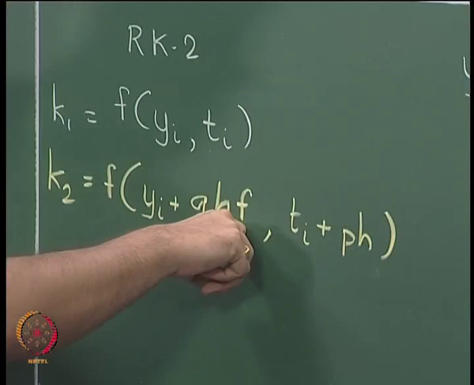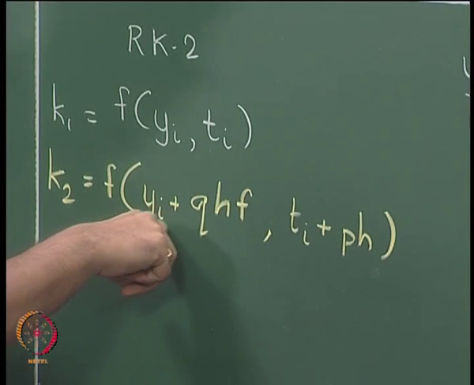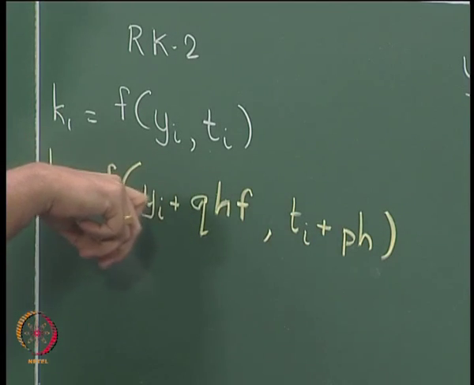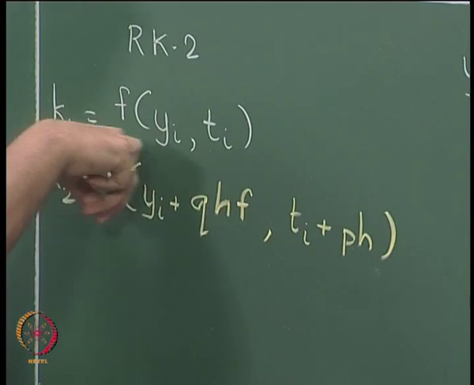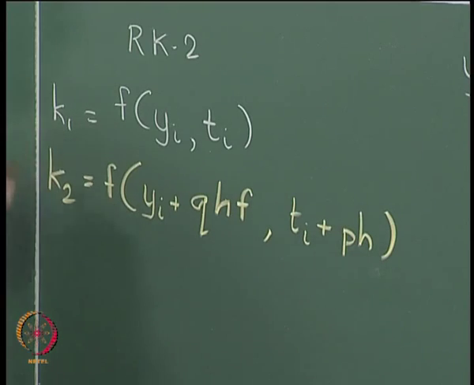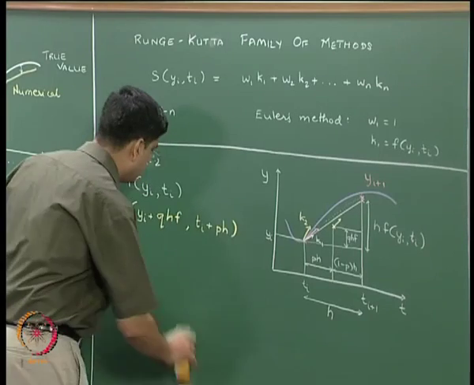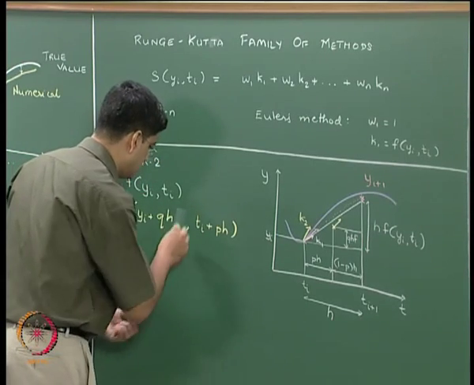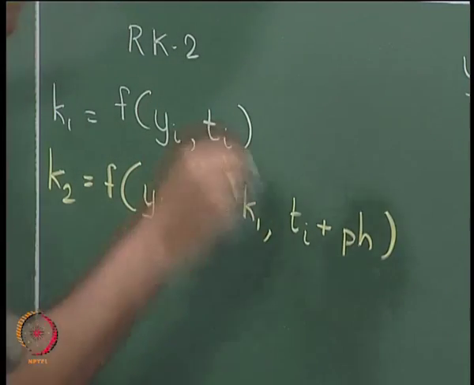Keep in mind that what we are doing over here is we are using yi plus q times h times f computed at yi comma ti. f computed at yi comma ti is nothing but k1. Okay. So, I am going to erase this f that I had written over here and write this as k1. Okay.